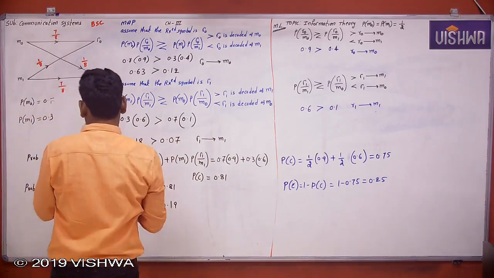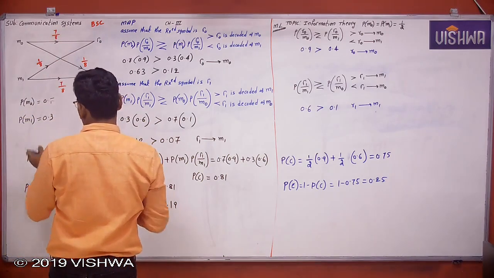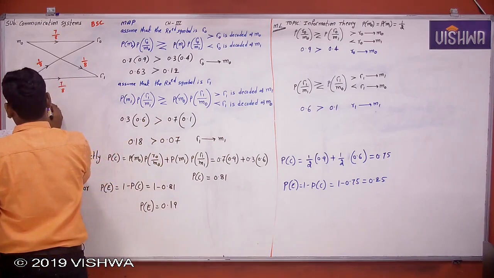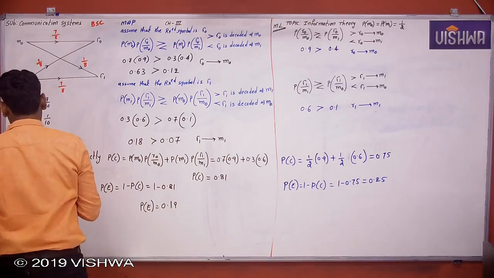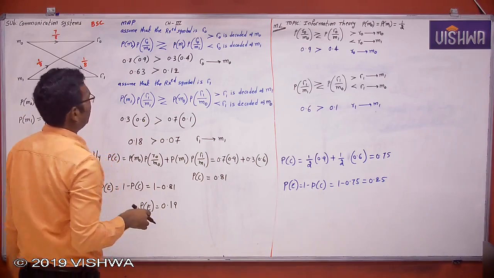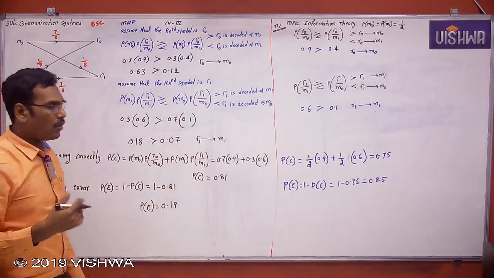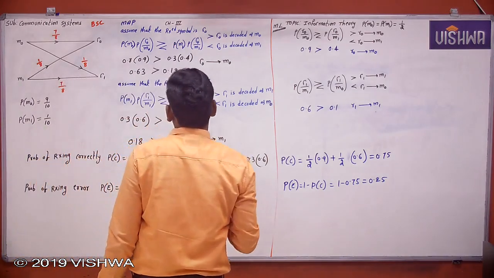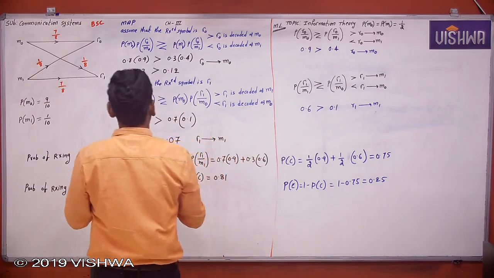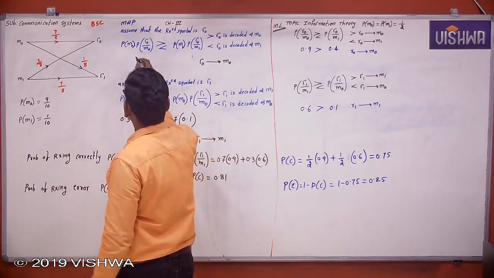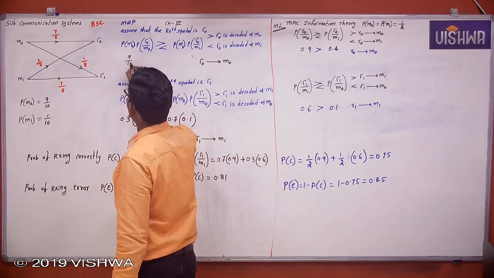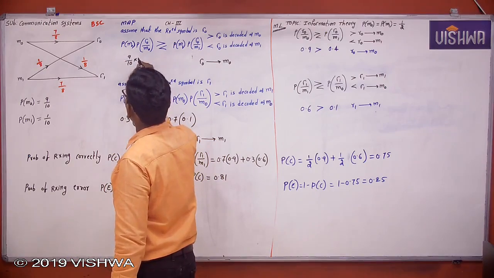Now, P of m naught is given as 9 by 10, and P of m1 is given as 1 by 10. Same, apply MAP and ML decoding and determine the probability of error. If it is MAP, P of m naught, 9 by 10, into P of R naught by m naught, which is 7 by 8, gives 63 by 80.